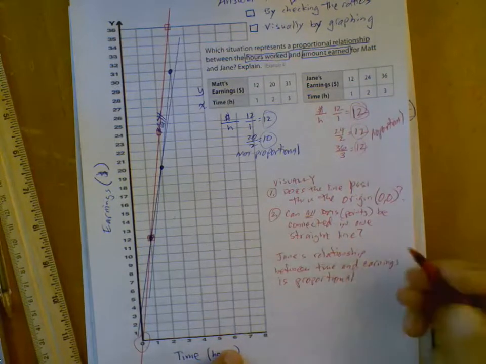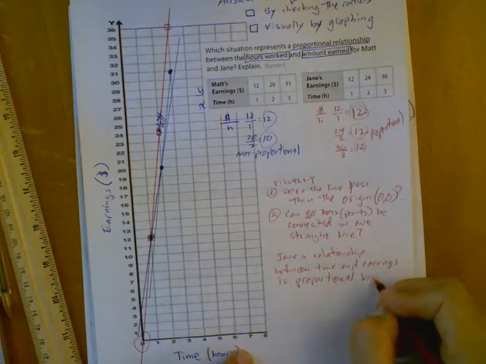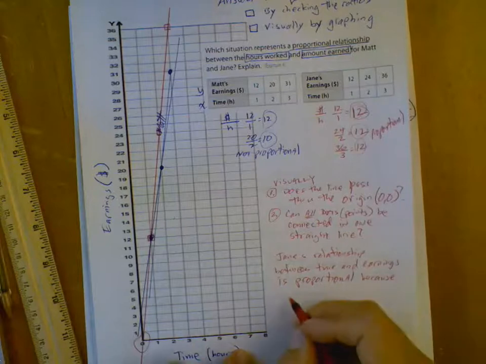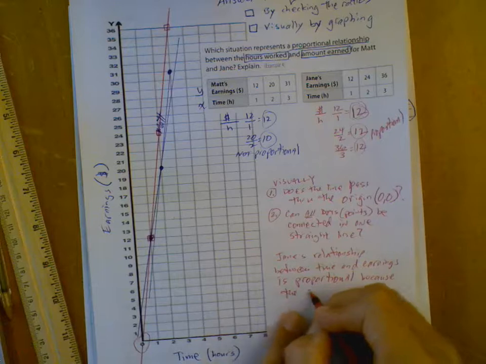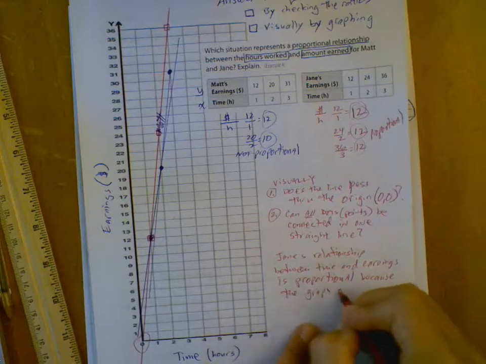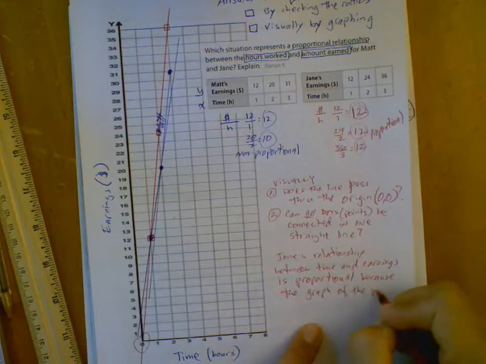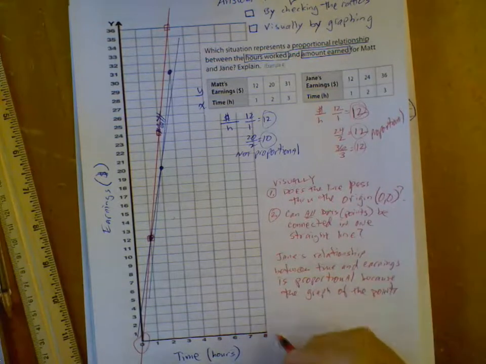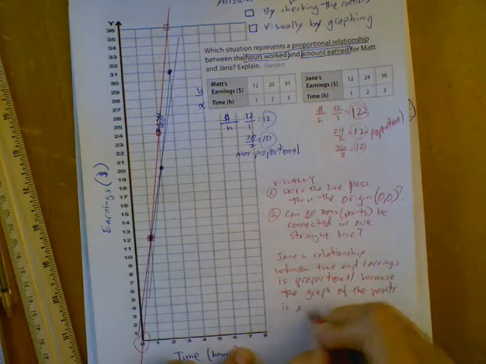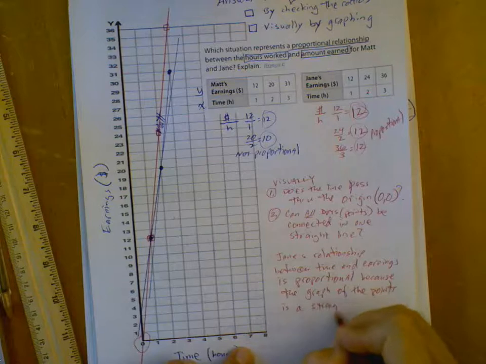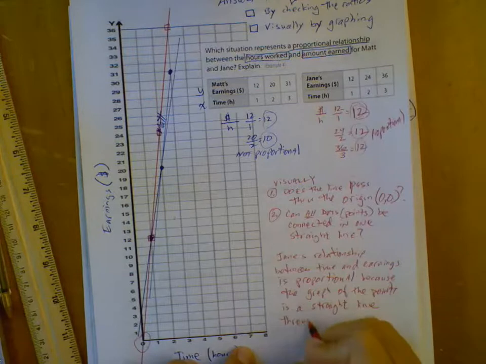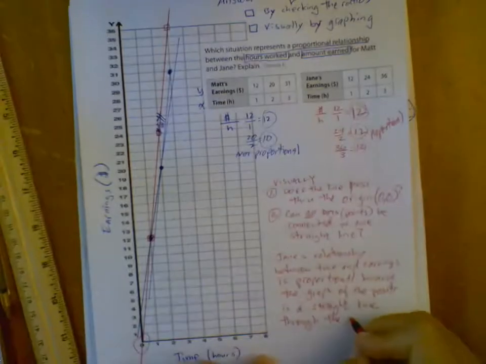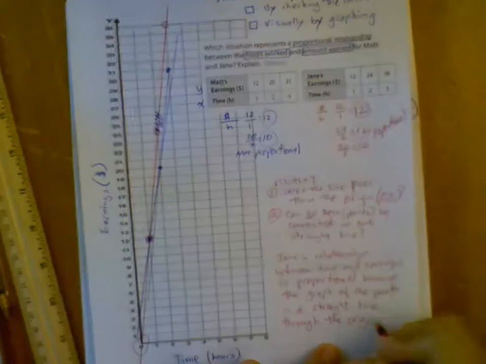And we can say it because the graph of the points is a straight line through the origin. And the origin again is the point 0, 0.